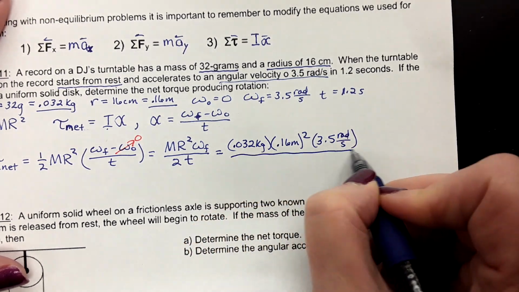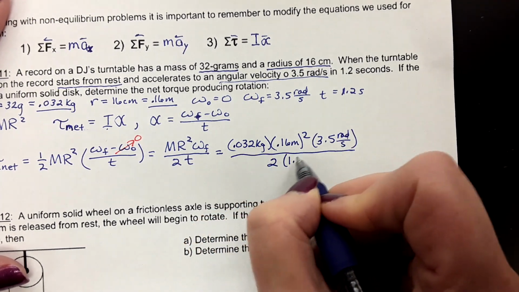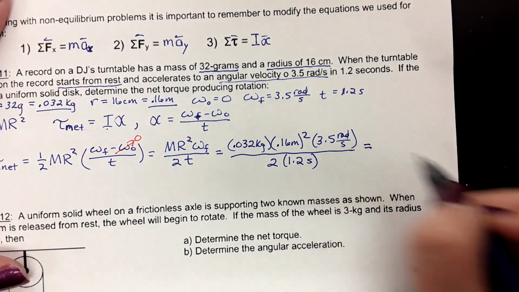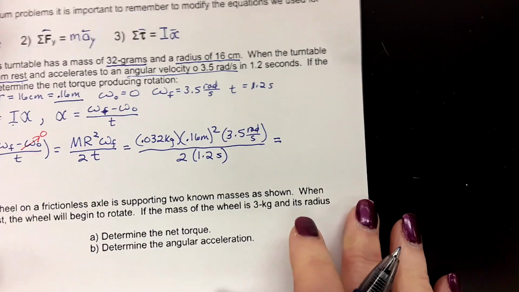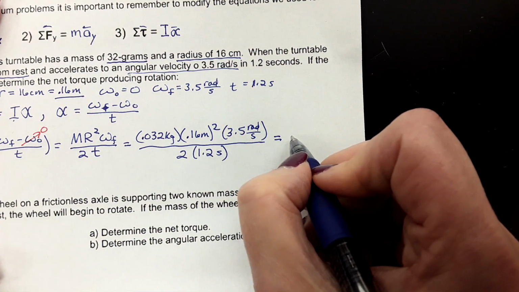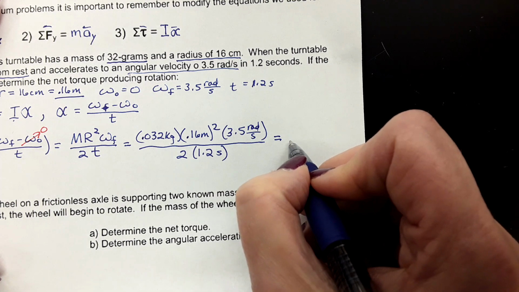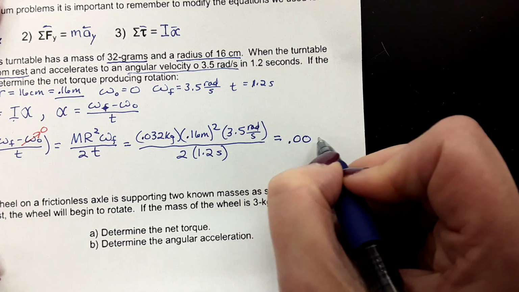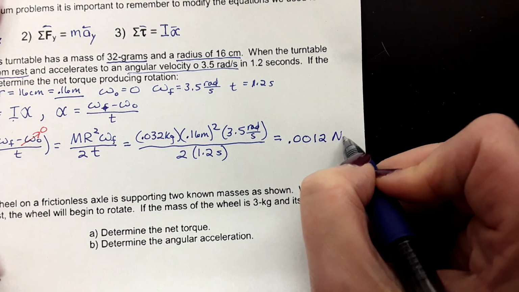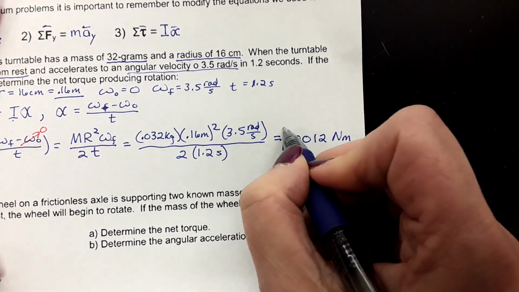We're going to divide all of that by 2 times the time, 1.2 seconds. If we put this into our calculator, then we will get a value of, if I remember right, 0.0012 Newton meters, which is the unit for torque.